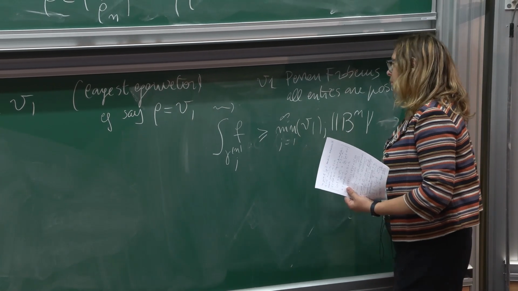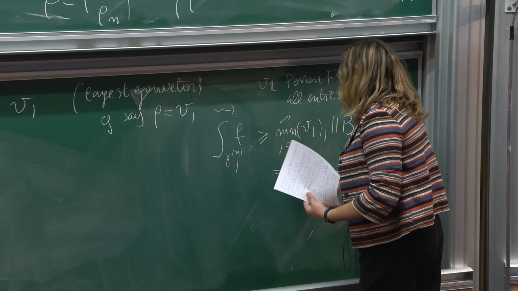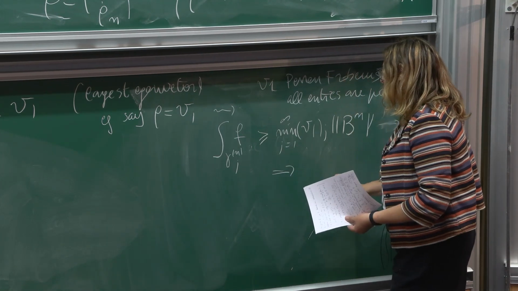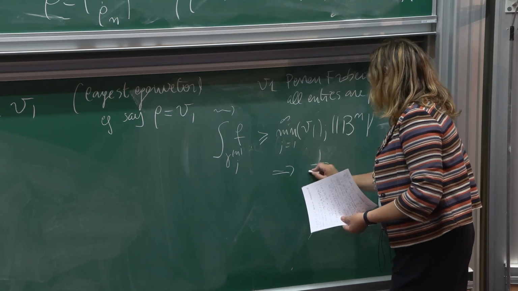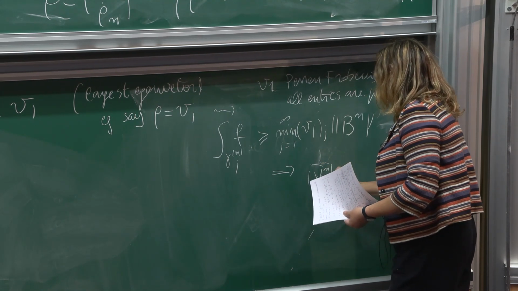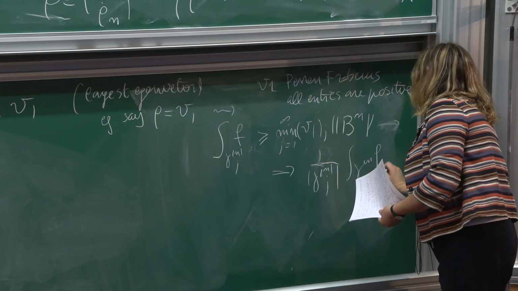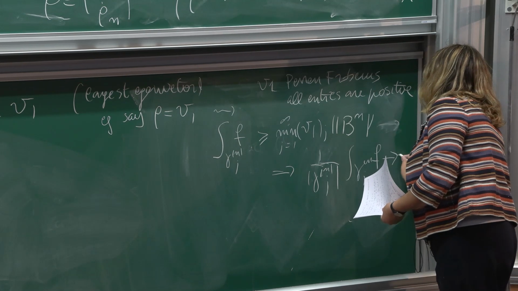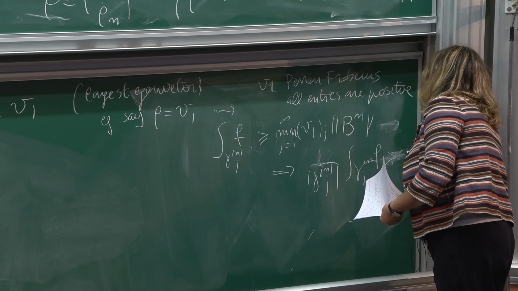OK, maybe I'm going too much. And from this, you can prove, maybe I'll skip one step, that 1 over the length of the curve times the integral over the curve of f goes to plus infinity. It's strictly positive.